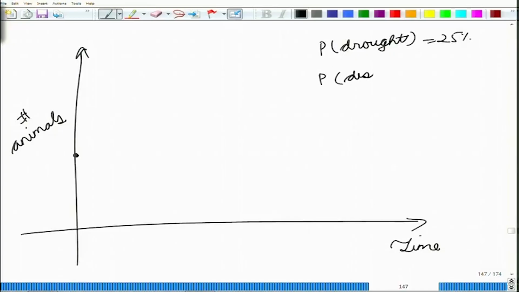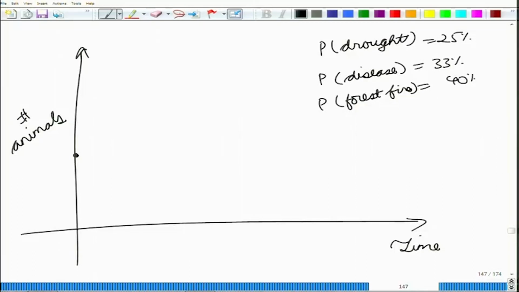Probability of a disease is say 33%, so 1 out of every 3 years you will see a disease. Probability of a forest fire is say around 40%, which means 4 out of 10 years you will see a forest fire.